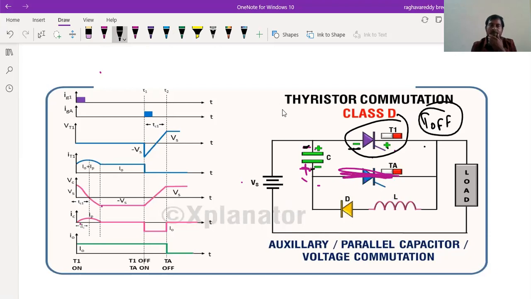T1 will be off. Look at this one. When thyristor T1 is off, negative voltage is available. This negative voltage across the capacitor gradually decreases through the auxiliary thyristor.